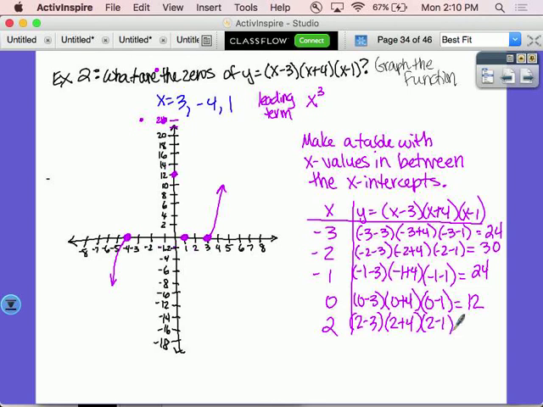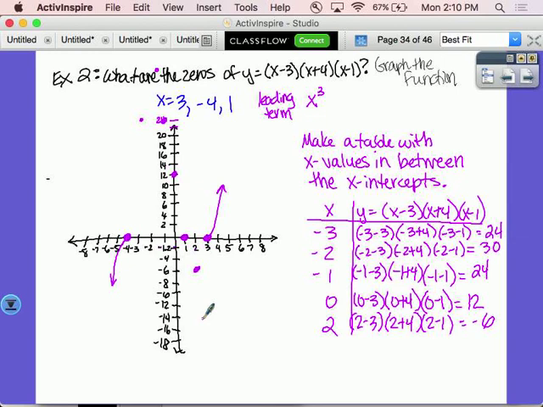Y'all okay? All right. So when you fill in your table, that gives you some more ordered pairs to kind of give you an idea of what our graph looks like.